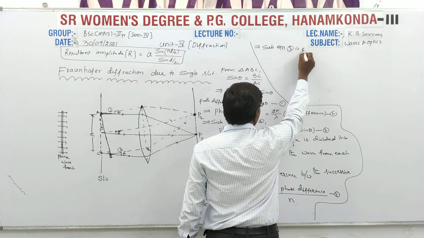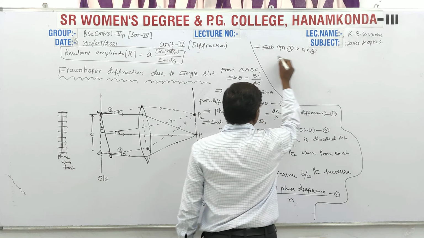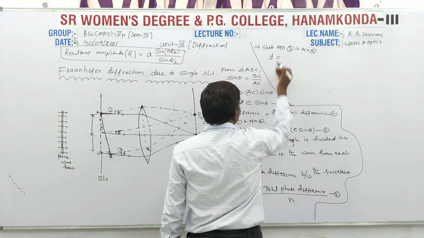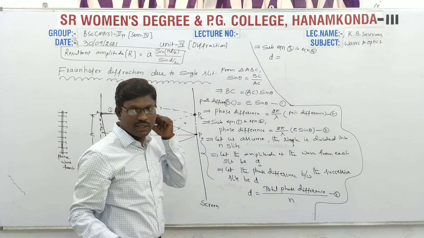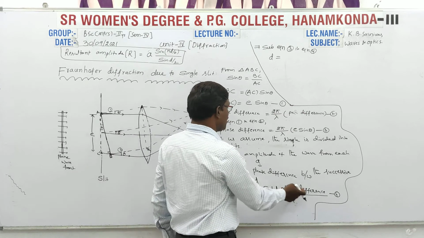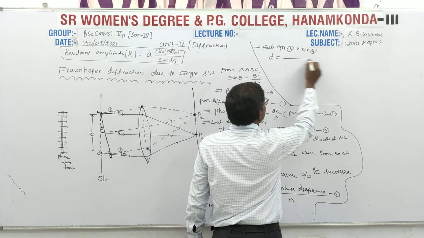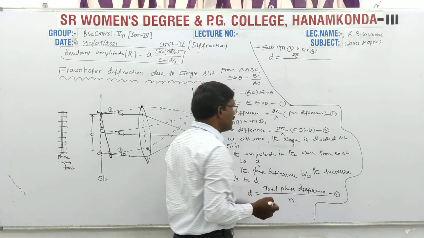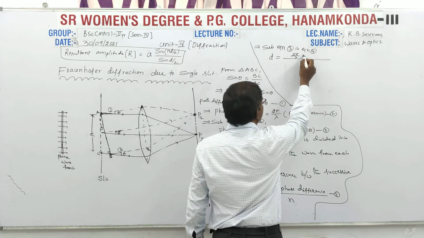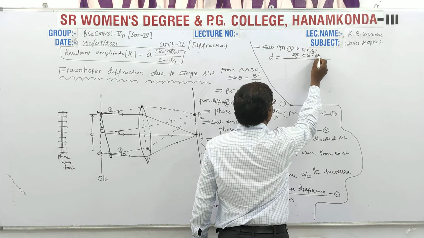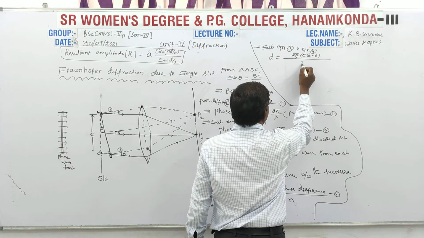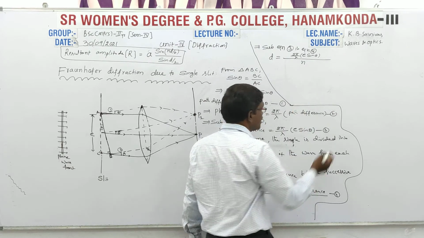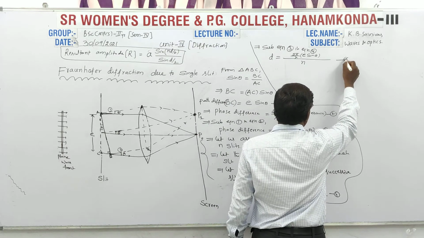The phase difference between the neighboring slits is equal to, what is the total phase difference? That is 2 pi by lambda into e sin theta, whole divided by n. Let this be equation number 5.